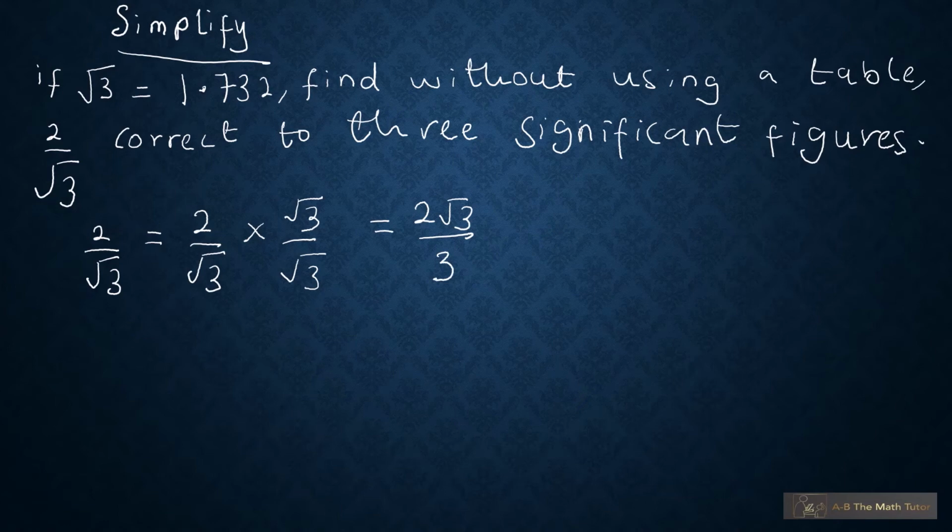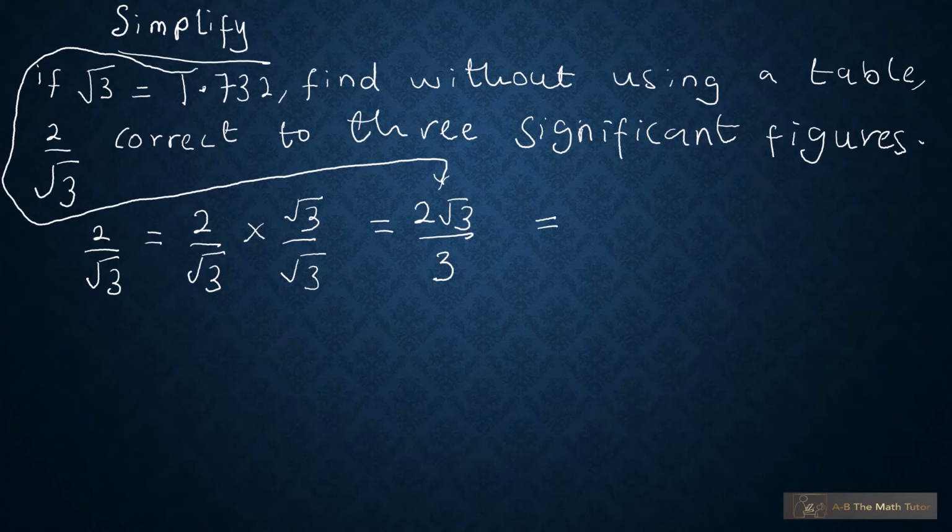But the question mentions that root 3 is 1.732. So we will simply substitute root 3 for 1.732 and simplify.